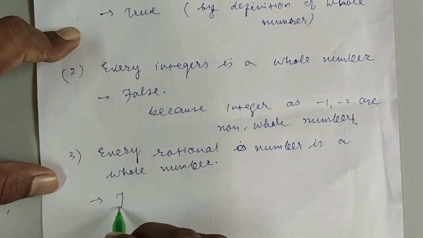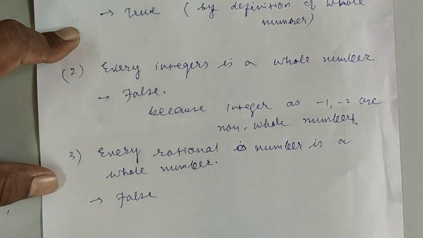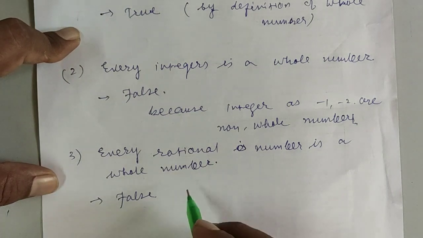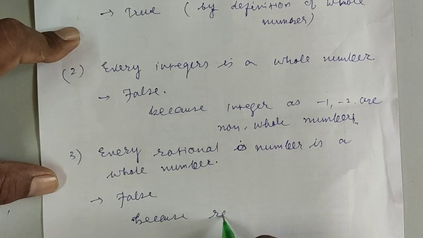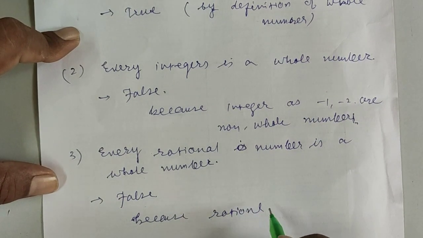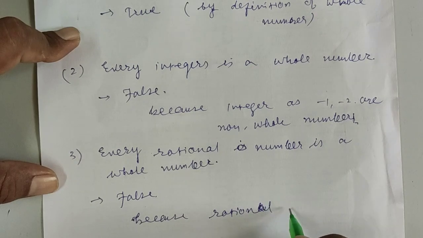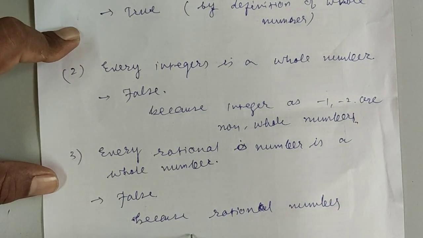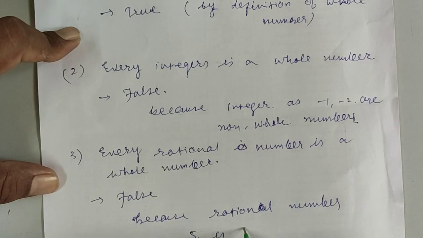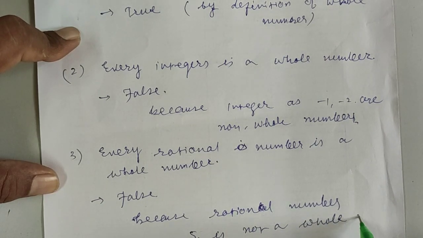This statement is also false because the rational number pi upon 3 is not a whole number.